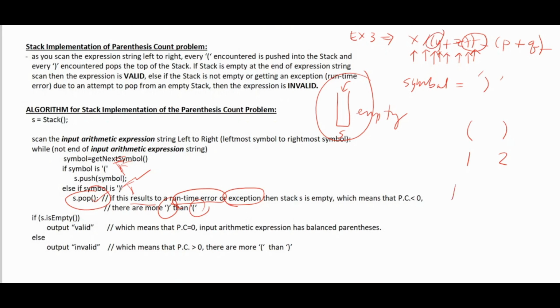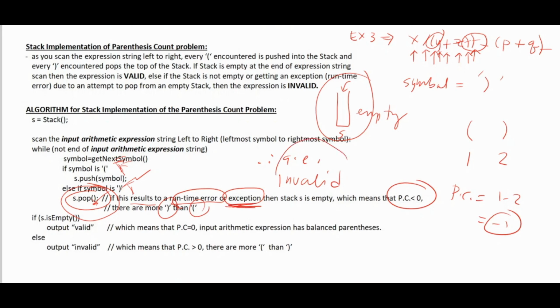So this would result in 1 minus 2, that would be -1. Parenthesis count is less than 0, and so the output of the algorithm here is that the arithmetic expression is invalid. You could add some code in here that will be triggered if a runtime error or exception occurs. It will be triggered to output that the arithmetic expression is invalid.